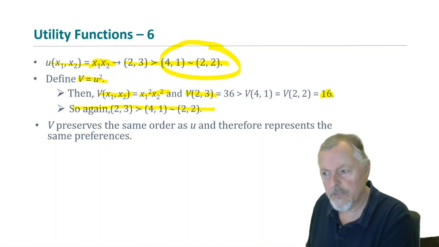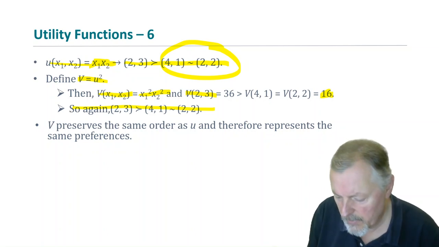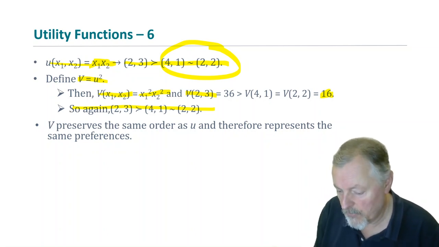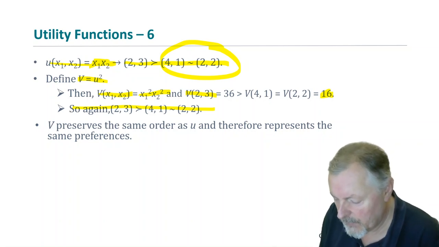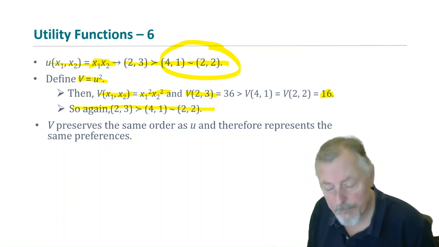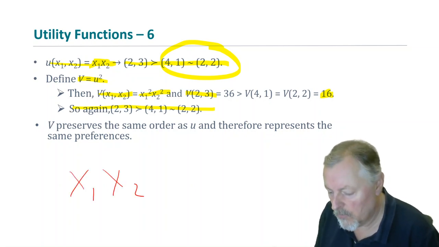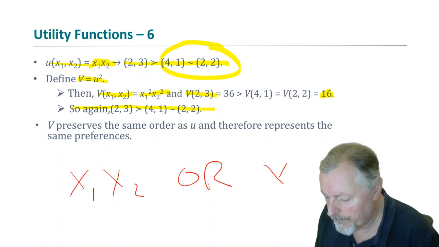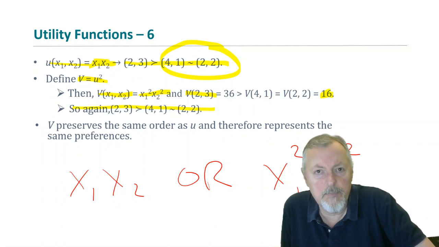It preserves the order, and therefore, whether you want to describe this person's preferences as the utility they get from their choices as x1 times x2 or x1 squared times x2, it describes exactly the same preferences.